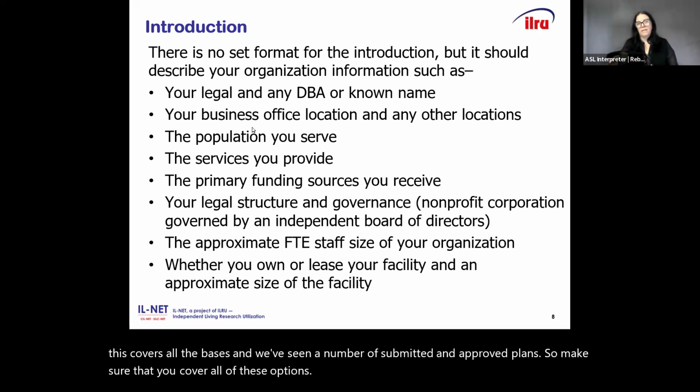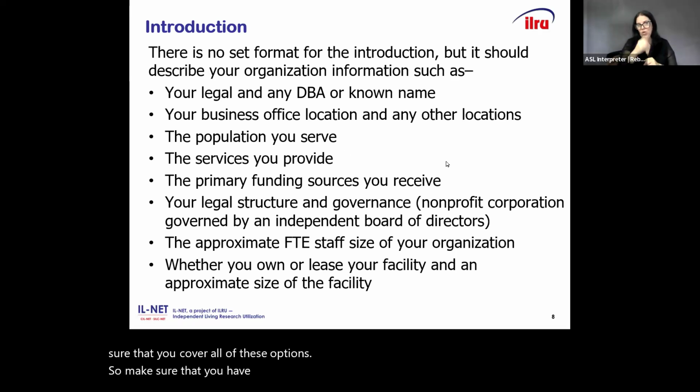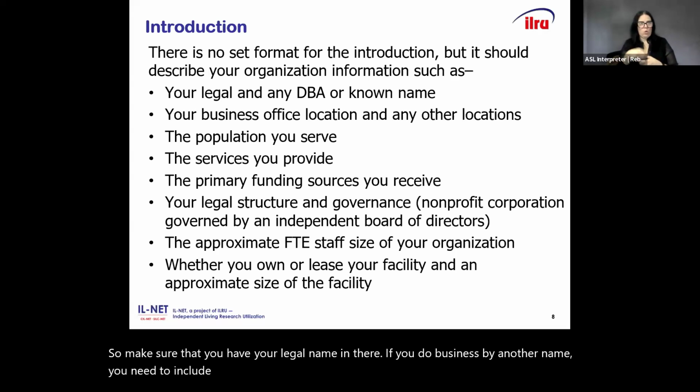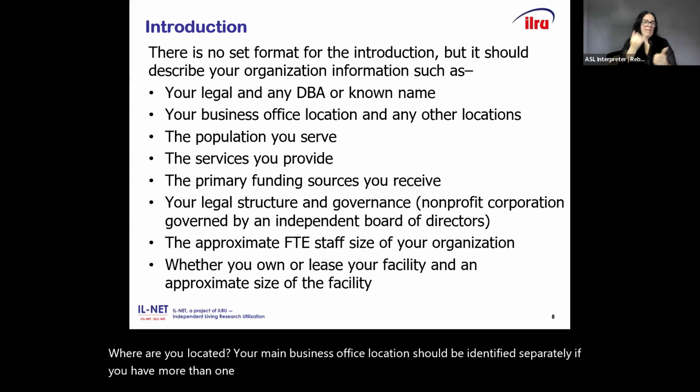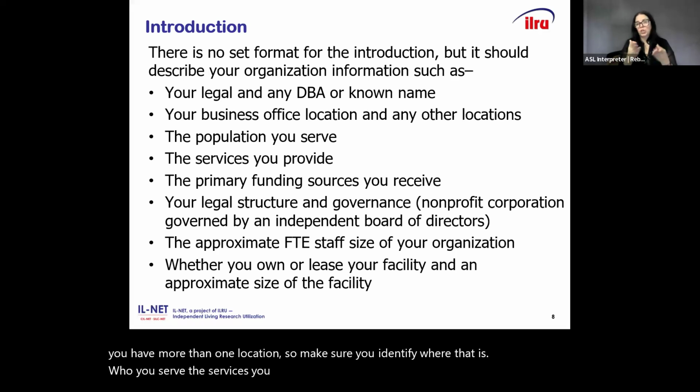So make sure that you have your legal name in there. If you do business by another name, you need to include both. Where are you located? Your main business office location should be identified separately if you have more than one location. So make sure you identify where that is. Who you serve, the services you provide, the primary funding sources you receive, your legal structure and governance.